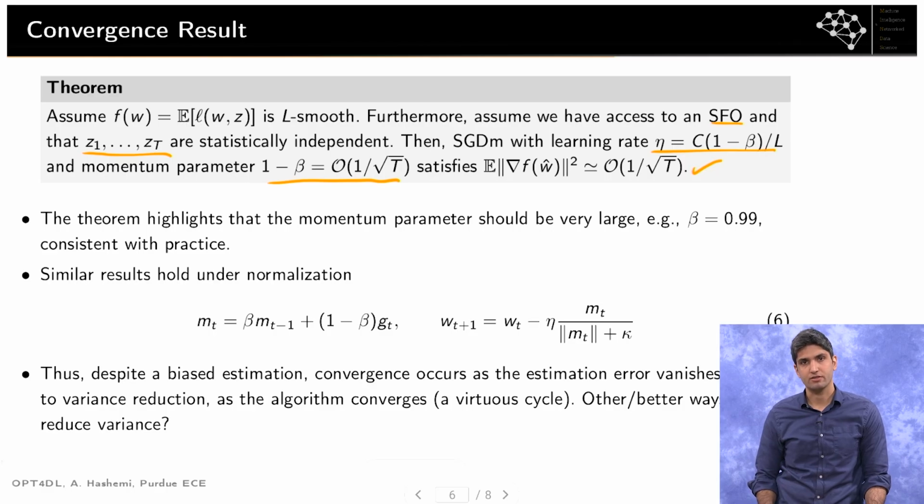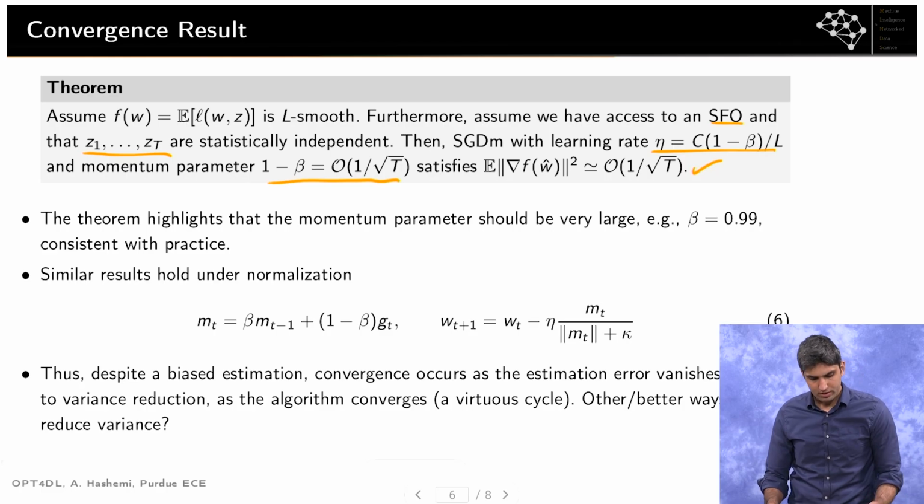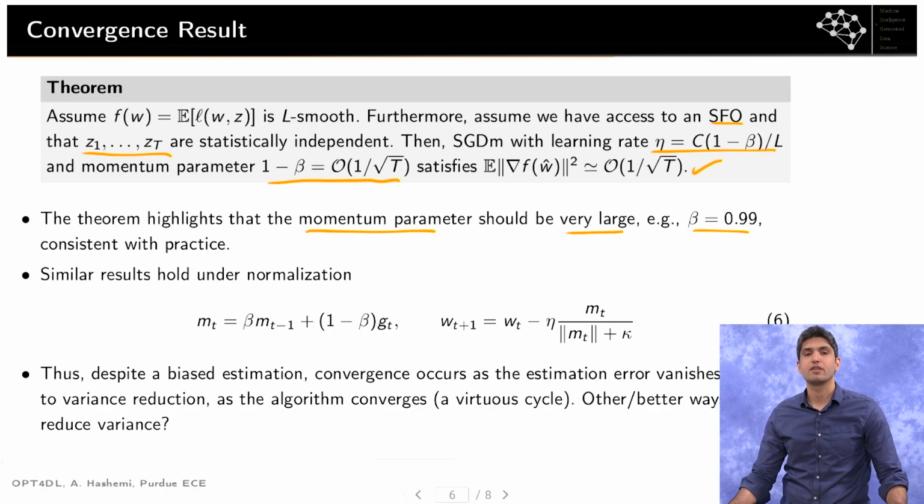Because as we can see here, this is exactly the same rate that we got with SGD previously. So that's one remark. Nonetheless, the theorem highlights again that the momentum parameter should be very large, meaning that it has to be close to 1, and this is consistent with what we are doing in practice.